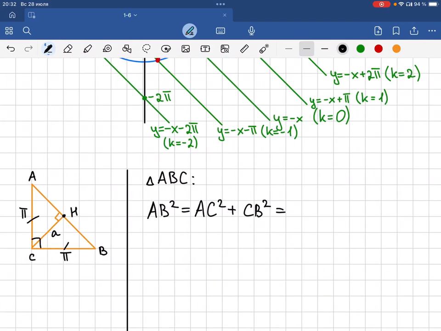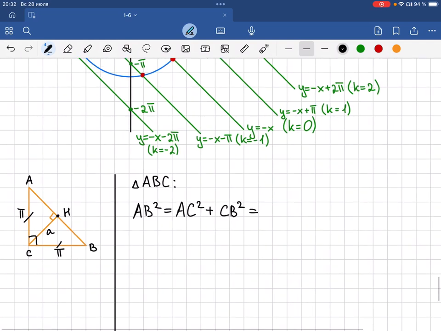So we have two equal sides, this one and this one, which means that AB squared is just pi squared plus pi squared, which is 2 pi squared.